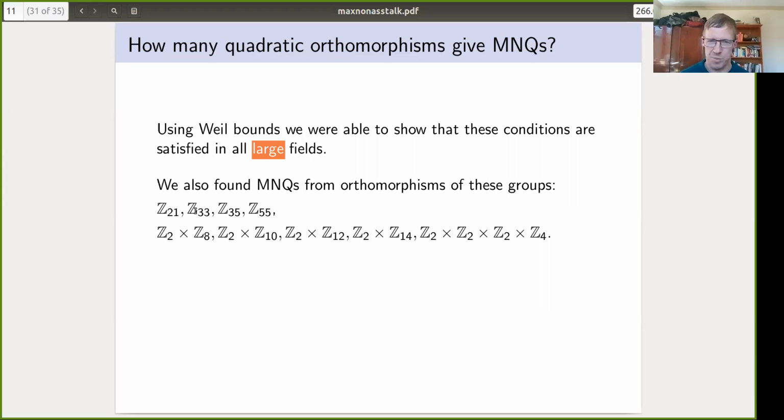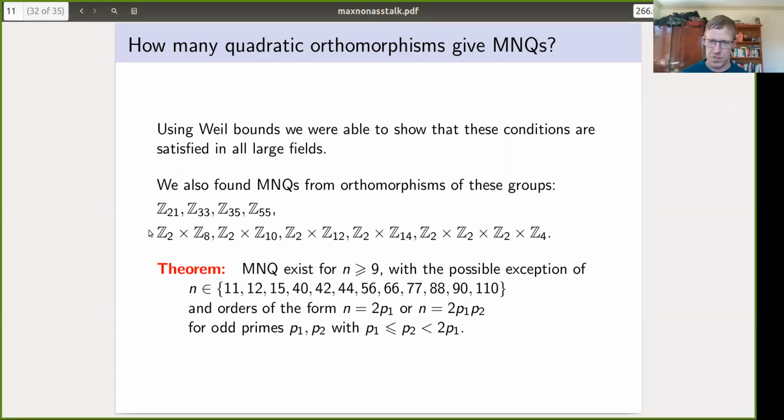So it's useful to have products of those orders. You can define orthomorphisms in groups as well as in fields. You can't do the same pretty games with quadratic residues and non-residues, but you can still hope to find the things you're looking for. And indeed we did in these particular groups, which gave us a whole bunch of the starting cases for our constructions.